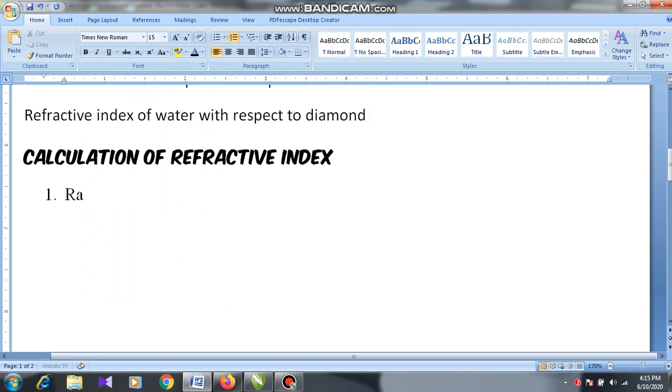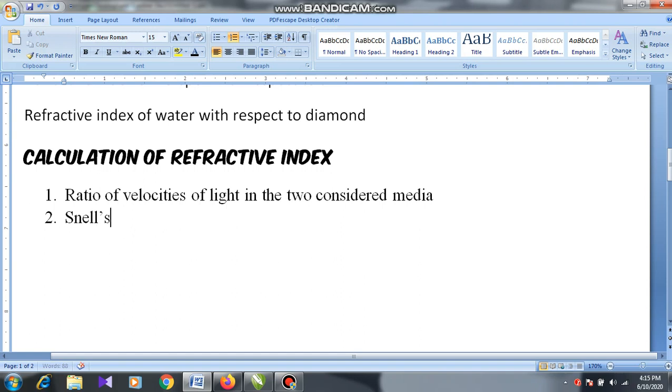One, we say ratio of velocities of light in the two considered media. Second method, we apply Snell's law. And third, it is the apparent depth, real depth concept.